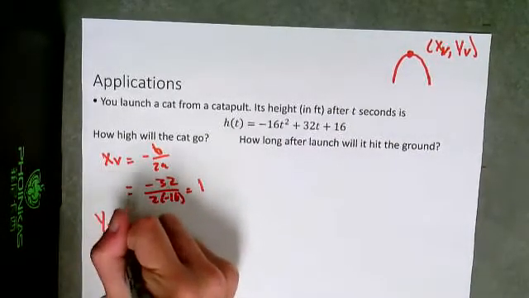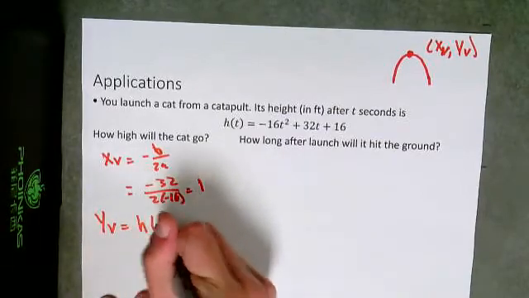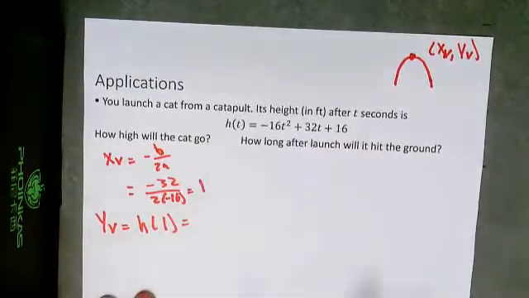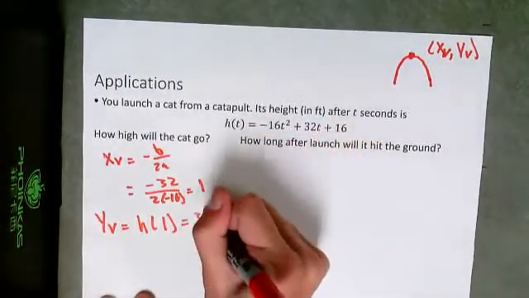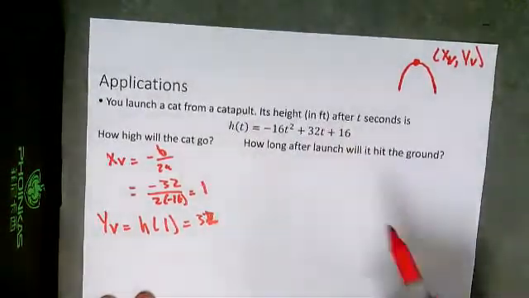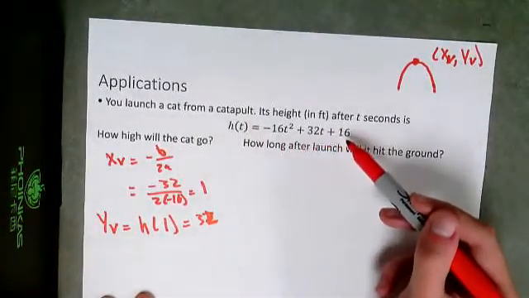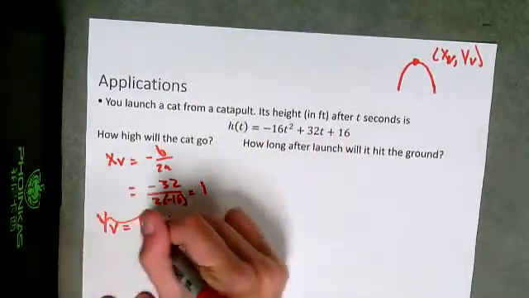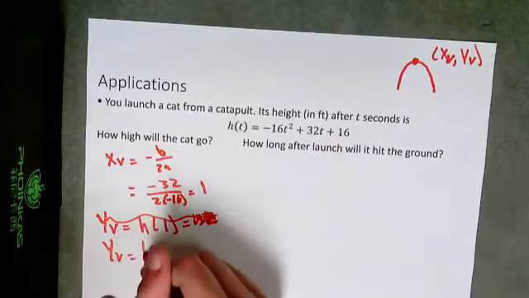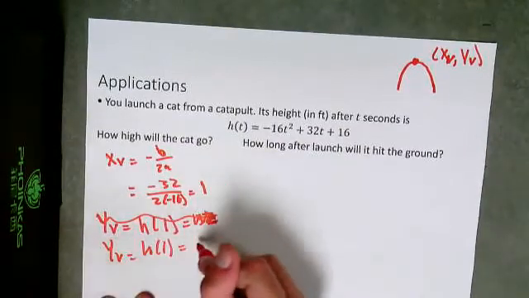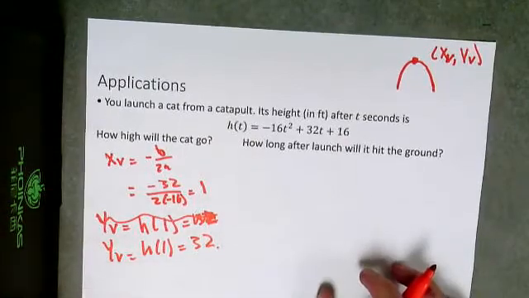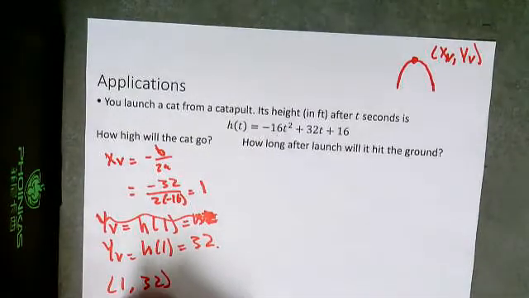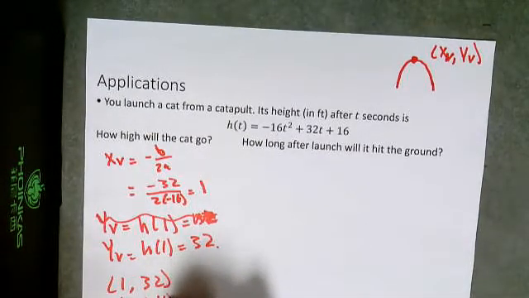So yv is equal to h of xv, which is h of 1. Plug 1 in here: negative 16 plus 32 plus 16 gives us positive 32. You can't read that, so I'm going to rewrite this: yv is equal to h of 1, which equals 32. There we go. So the vertex is (1, 32). This is time t and height h of t.